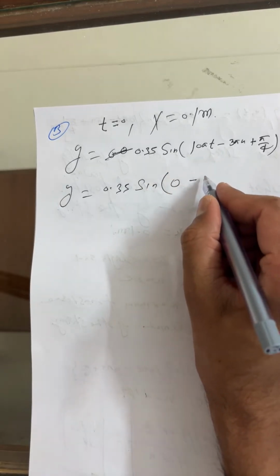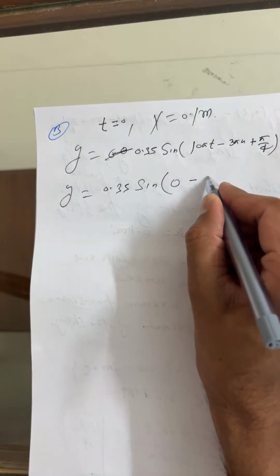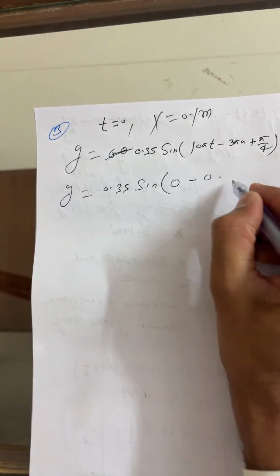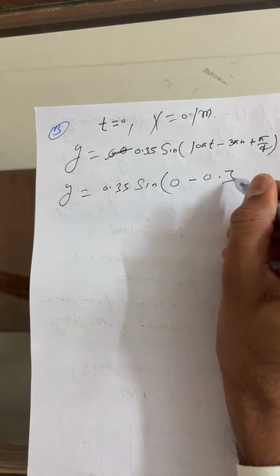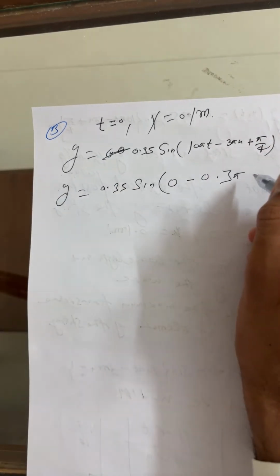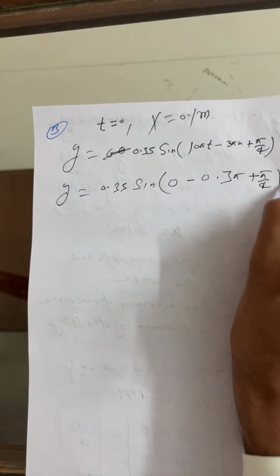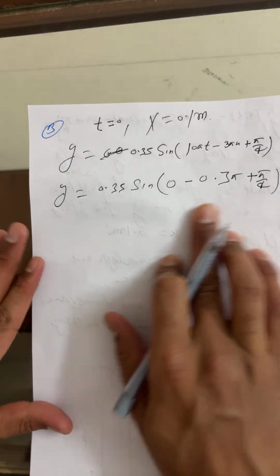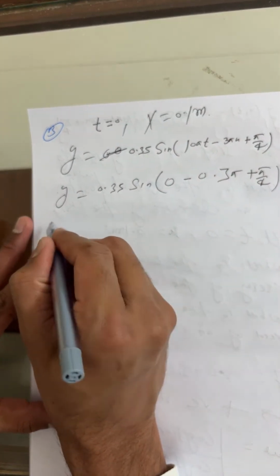So this is 10π times x, minus 3πt, plus π/4. Okay, just simplify it further.